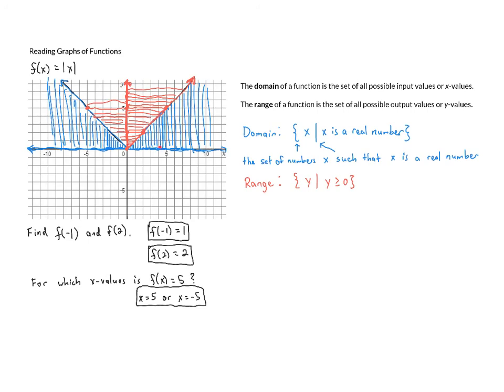Now, we're going to be doing some drawings like these for some of the other graphs, but it sometimes is difficult to do this if the graphs are pretty complicated. So we eventually want to get to the point where we can just look with our eyes without drawing all of this shading in to see which x values are covered by the graph and which y values are covered by the graph.